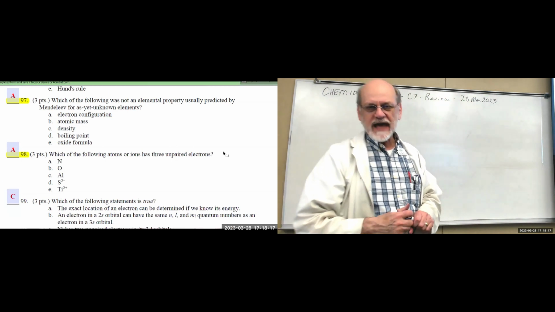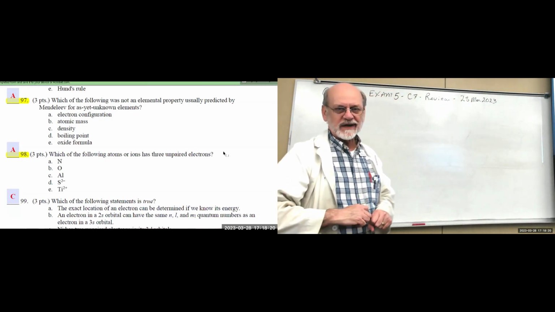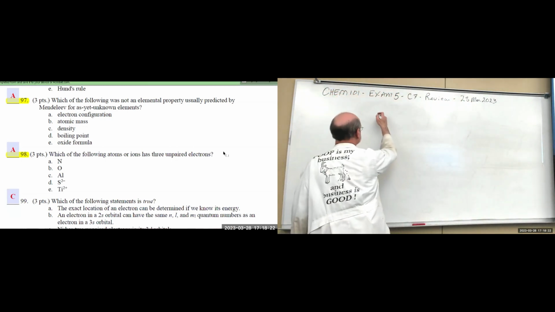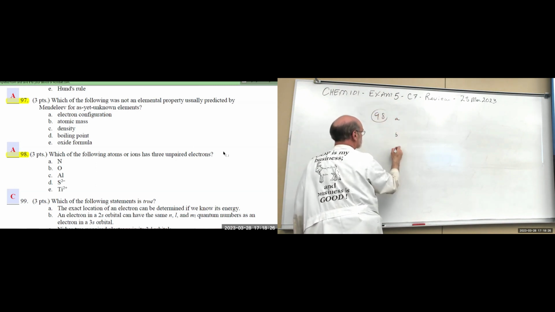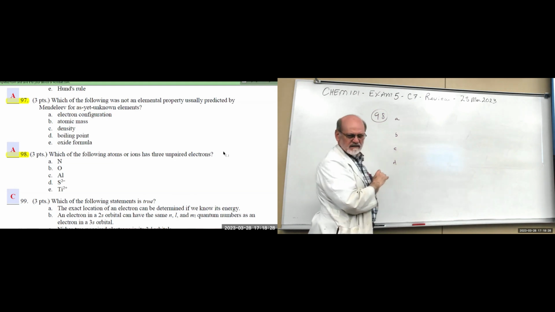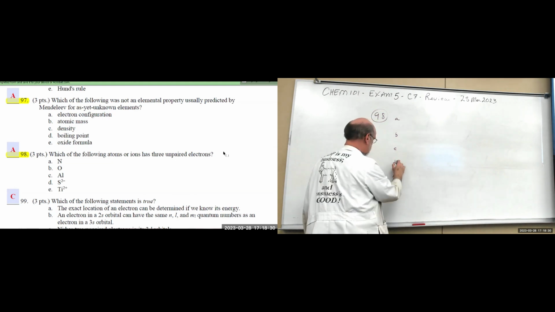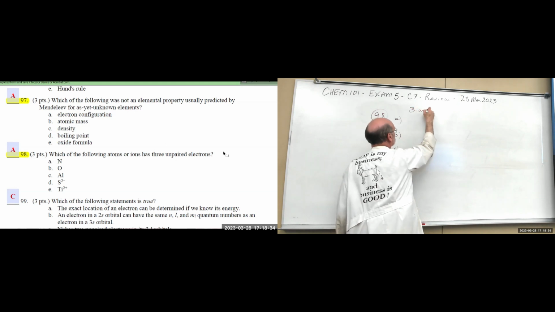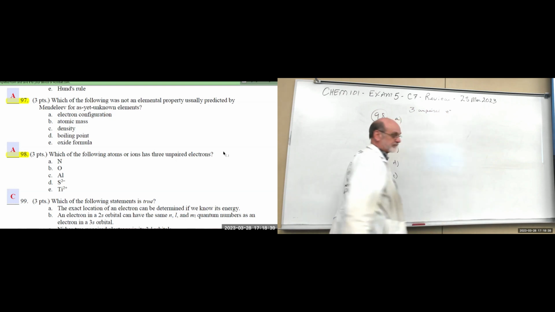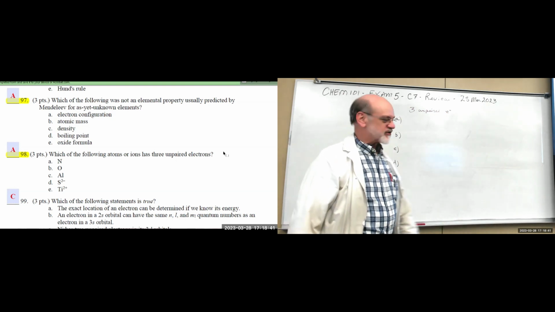98. Which of the following atoms or ions has 3 unpaired electrons? Okay, A, B, C, D, and E. We need 3 unpaired electrons. Okay, nitrogen.